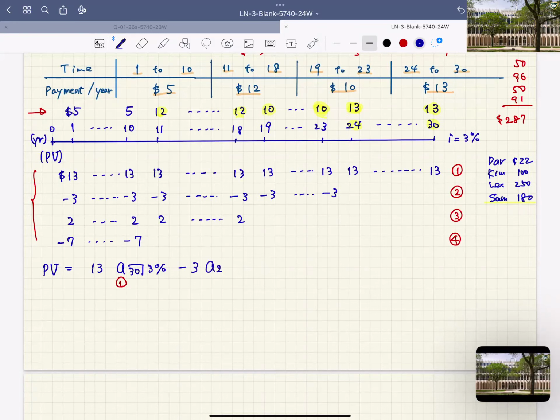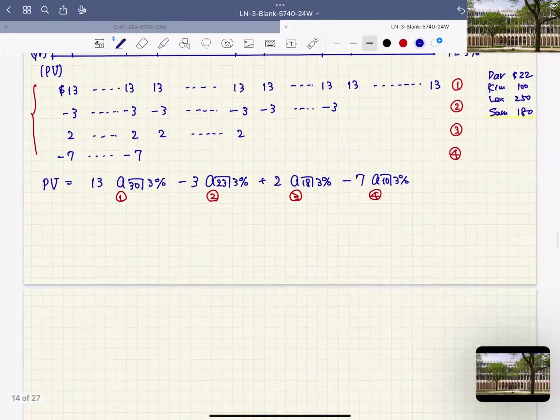So 3 times a angle 23 at 3%. This is cash flow 2. Then we go on. So we have 18 payments of $2 each. So $2, a angle 18 at 3%. So this is cash flow 3. Then lastly, we have negative $7 payments for 10 years at 3%. This is cash flow 4.